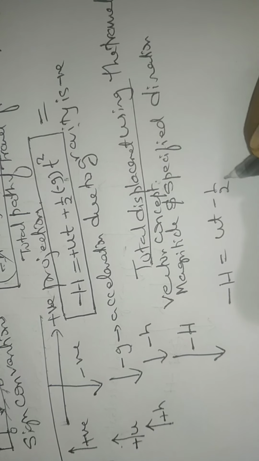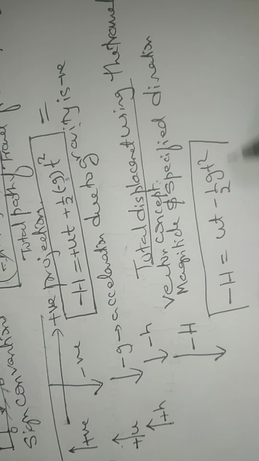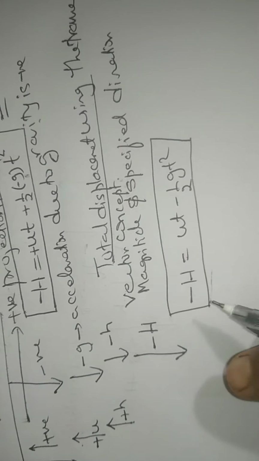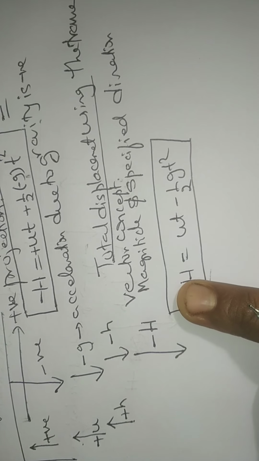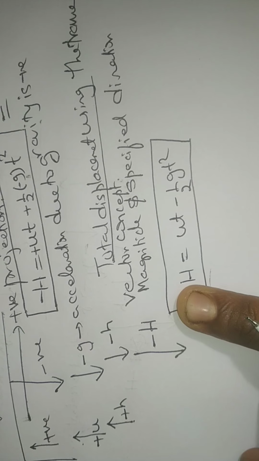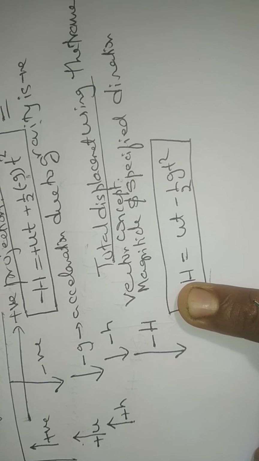If you observe this equation carefully, it is a very important equation because there is an anomaly. If this minus was not there, it is simply the well-known equation from 9th standard, capital H equals UT minus half G T squared. That was the general equation of travel of a body going upwards.